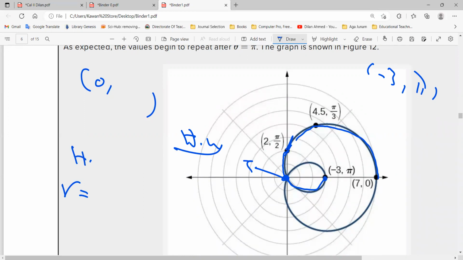Your homework will be 1 minus 2 cosine theta.